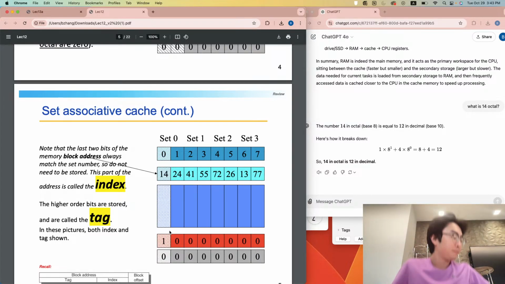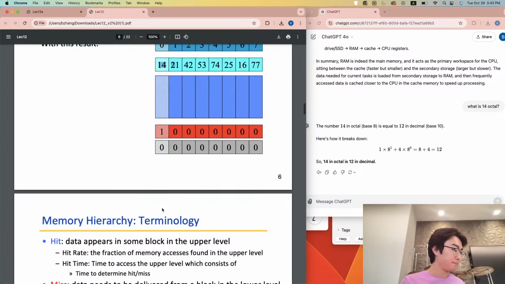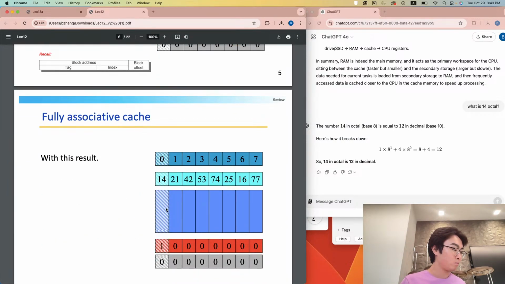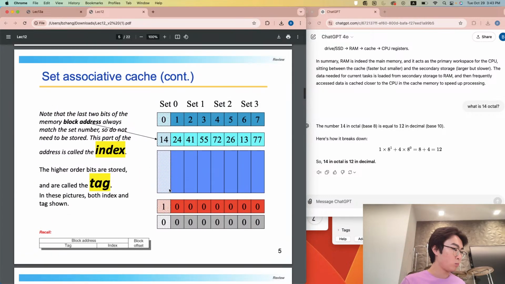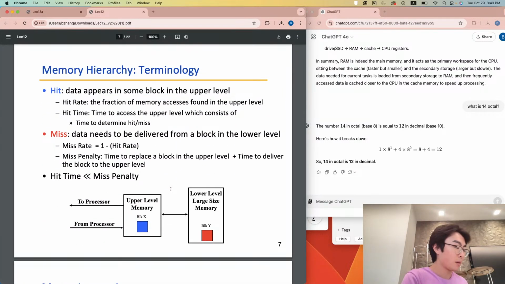Index. But the level always consists of the time to determine a hit.